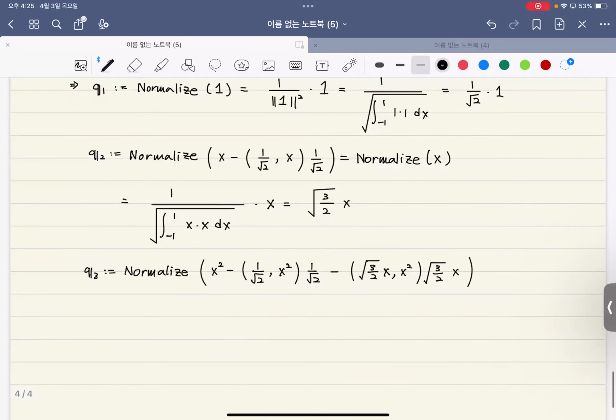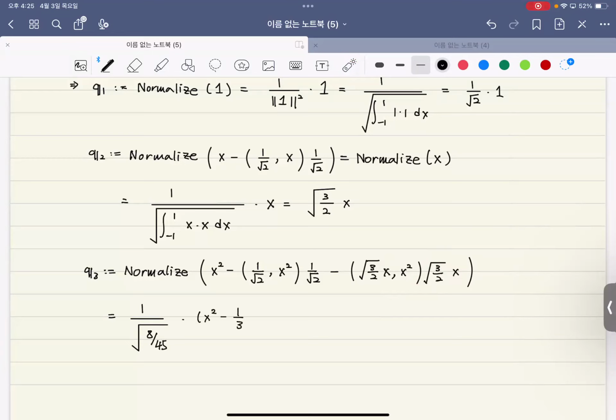I know this computation is getting annoying, but by the same reason, x times x squared is an odd function from -1 to +1, so this term is equal to 0. So we can simply ignore the last term because it equals 0. After you spend a bunch of time and effort computing this, it turns out to be 8/45 times x squared minus 1/3.